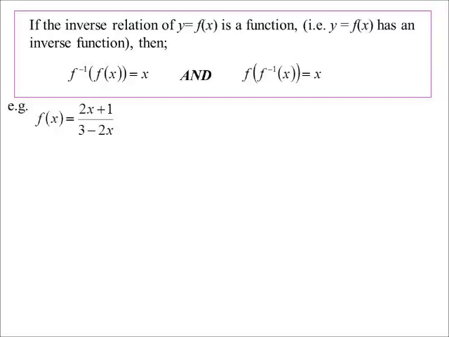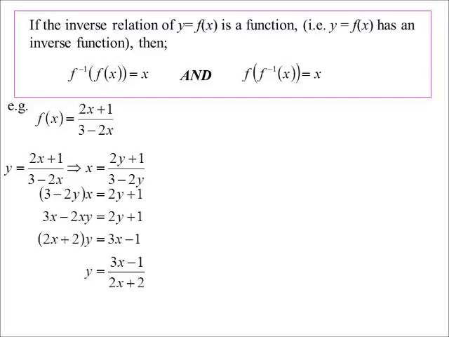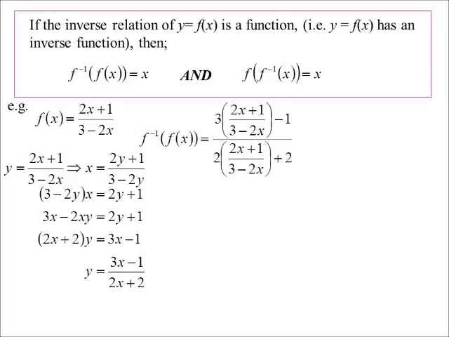So here's my original function. Let's try and find the inverse. Swap the x and the y's around. Make y the subject. Just a little bit of manipulation, but there it is: (3x minus 1) over (2x plus 2). If I sub the original function into the inverse, so everywhere I see x, I'm replacing with (2x plus 1) on (3 minus 2x).